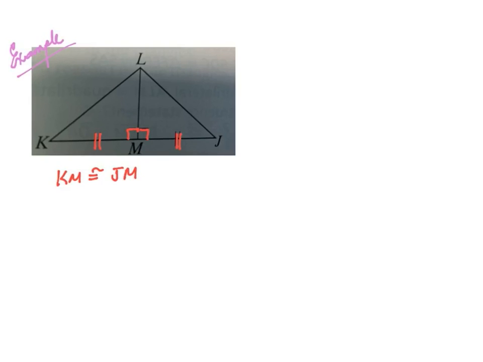When you have triangles or angles that share with the other ones, you have to list the 3 letters. You're going to say angle KML is congruent to angle JML. That is another angle.